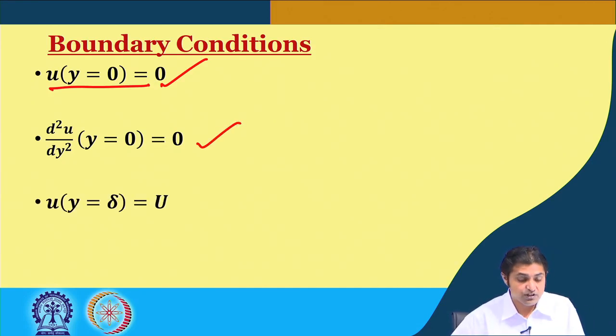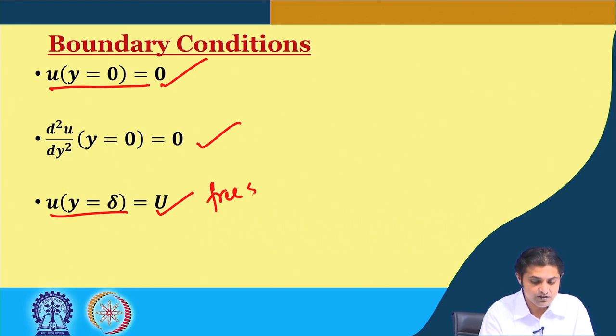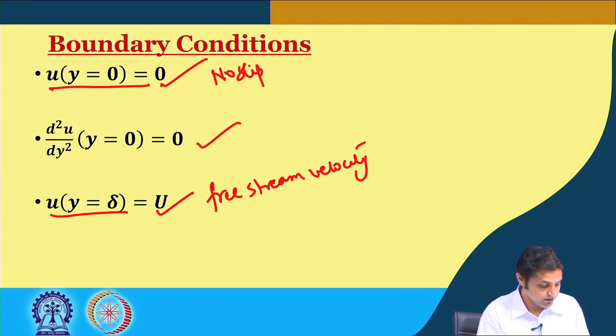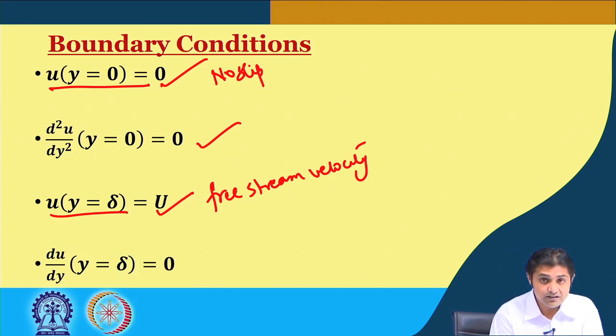Now the third boundary condition is at the top of the boundary layer. This means that the velocity at the top of the boundary layer is the free stream velocity. And this is no slip, and the velocity gradient at the top of the boundary layer is going to be 0.